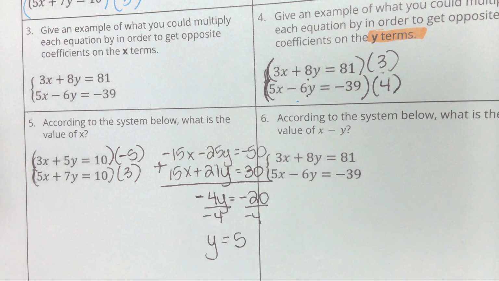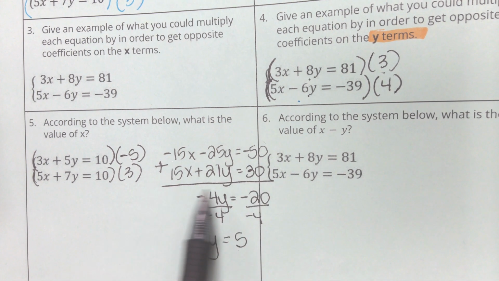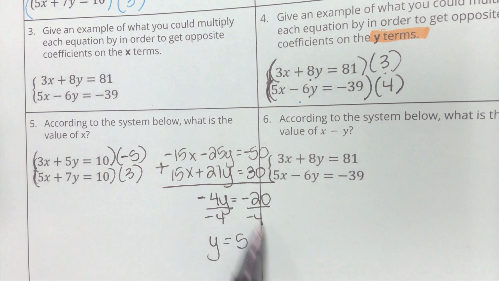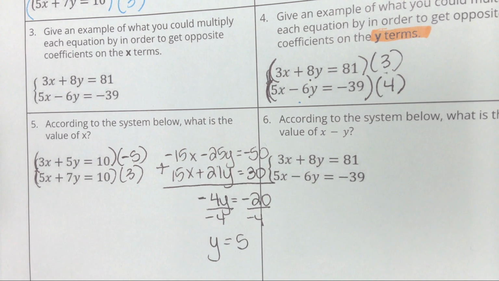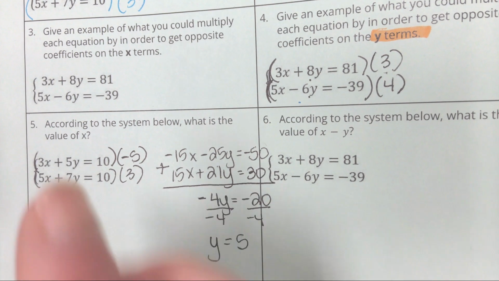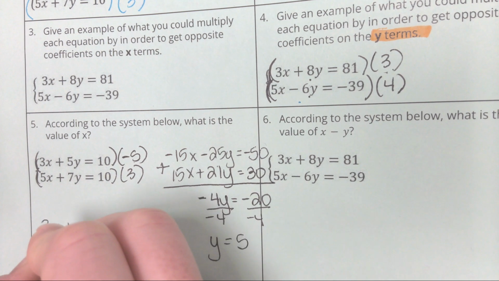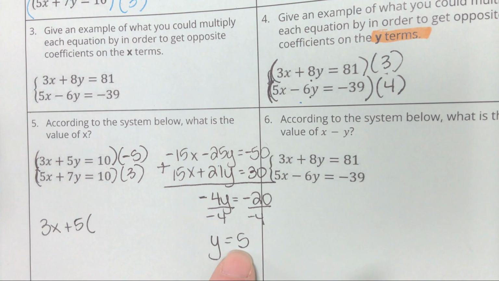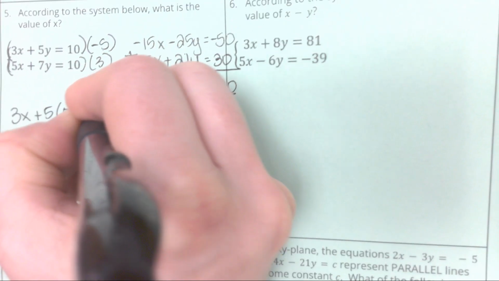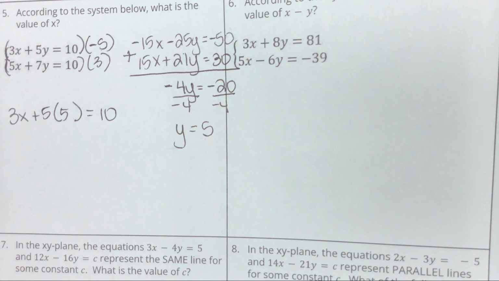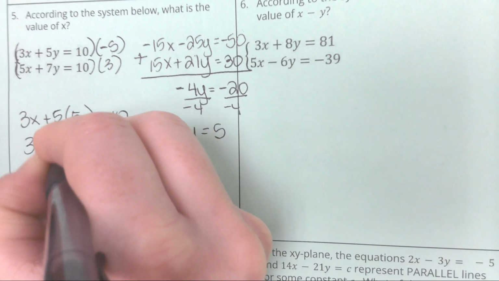Y equals 5. When you're plugging 5 back in, you of course can go up here, that's fine. But these numbers are going to be bigger. You can also pick one of those two. These are just different versions of those two equations. I'm going to pick the top equation and I'm going to plug 5 in. So I have now 3x plus 5 times, and y was 5, equals 10. 3x plus 25 equals 10.